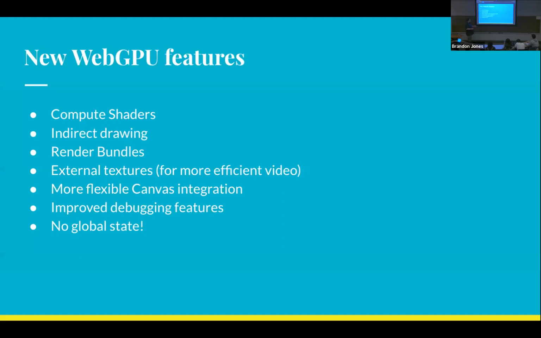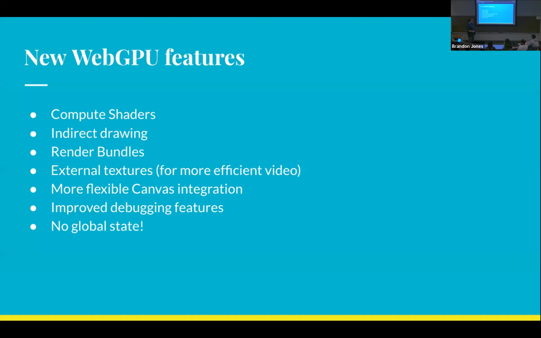Some of the new features that we want to bring in, at a high level: compute shaders, indirect drawing, render bundles, external textures. All of these different things are available in Vulkan and whatnot. I'm going to talk a lot about Vulkan because that's the one that I'm most familiar with, but you can broadly extrapolate that out to apply to the other APIs as well.